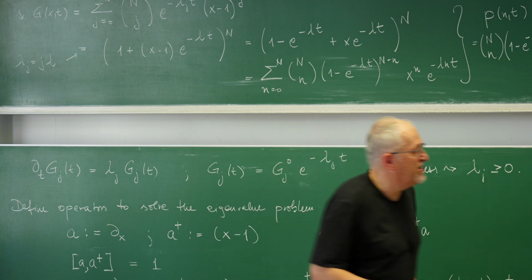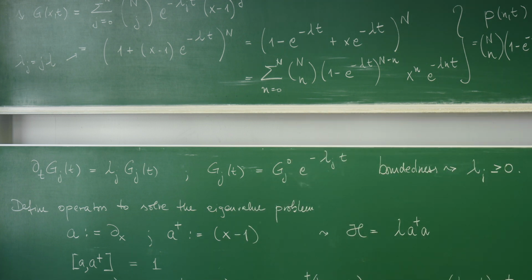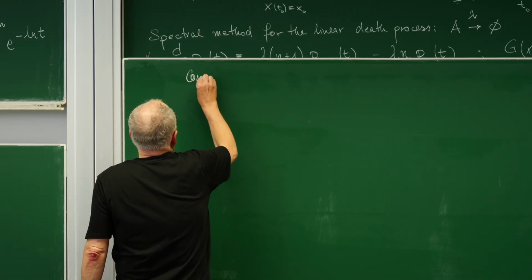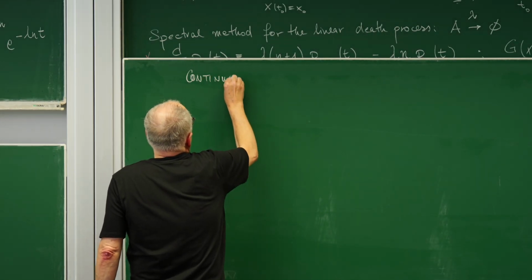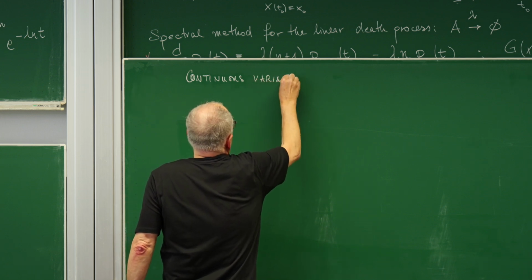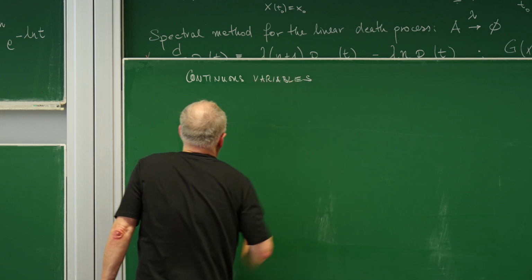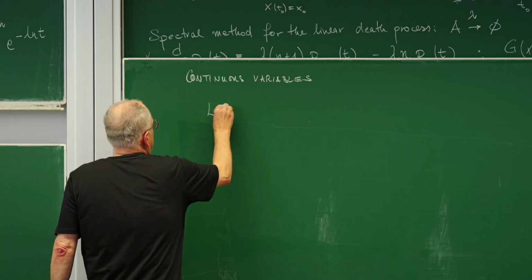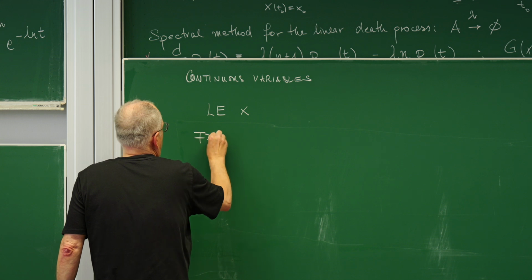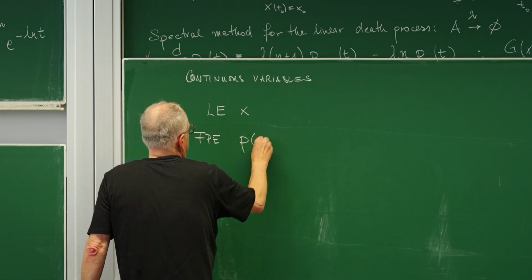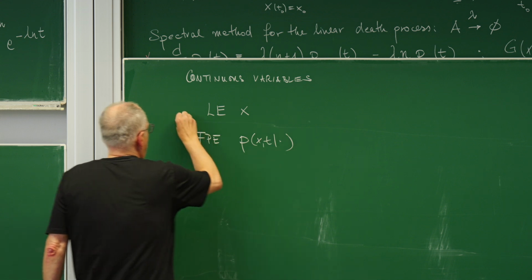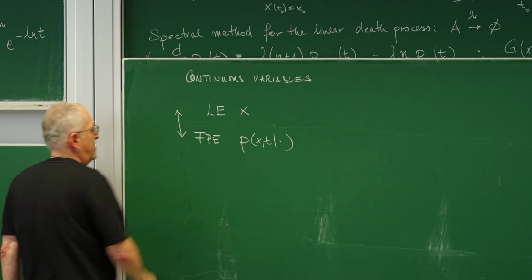Yeah. So let me draw it on the board before we go to the break. Okay. So let's say we have continuous variables. Then you have a Langevin equation for x, and you have a Fokker-Planck equation for p of x and t on some condition, and they are equivalent.